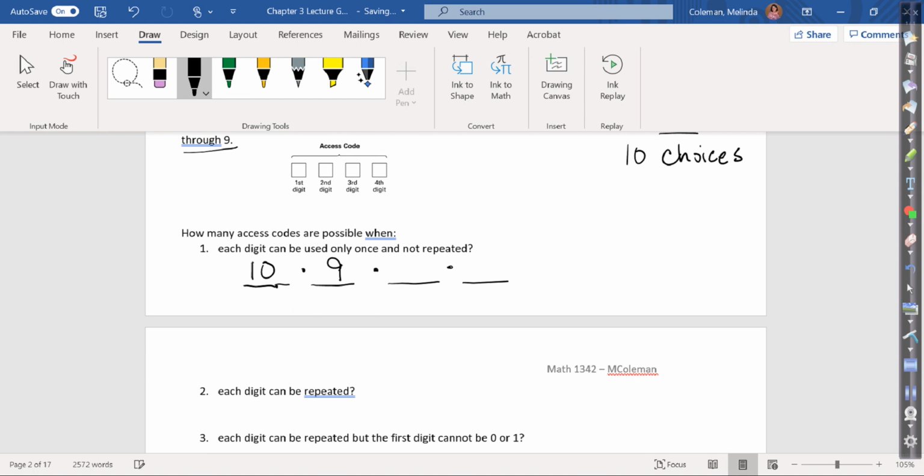In the third slot, I can't choose what I picked for slot 1 or for slot 2. So for slot 3, there's only 8 choices. And then likewise for the last position, there's only 7. If we multiply this together, that would be 5,040 choices.